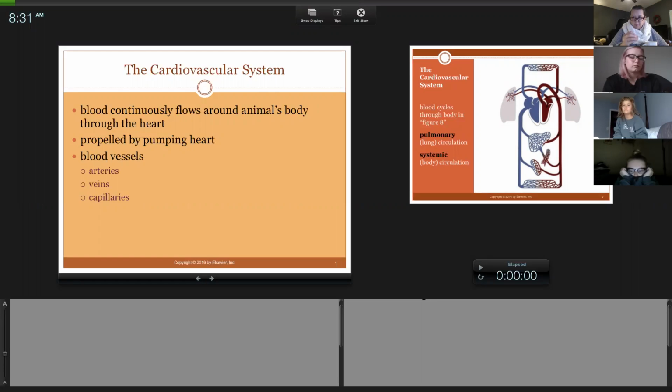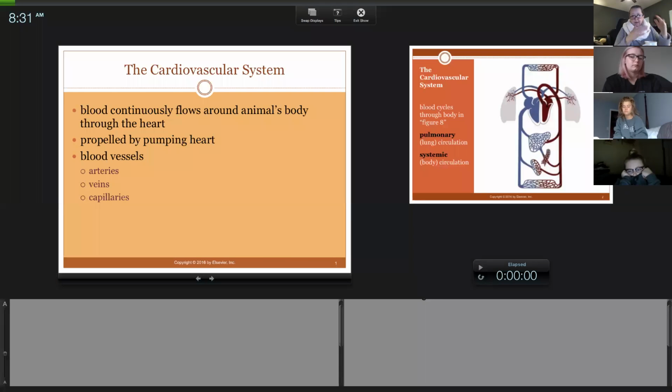It's going to pick up carbon dioxide and bring that back to the heart, because when the blood goes to the lungs, you exhale carbon dioxide, and that's how you get rid of it. So at the capillary level, the body exchanges oxygen for carbon dioxide, and it's also going to give off nutrients and pick up other waste.